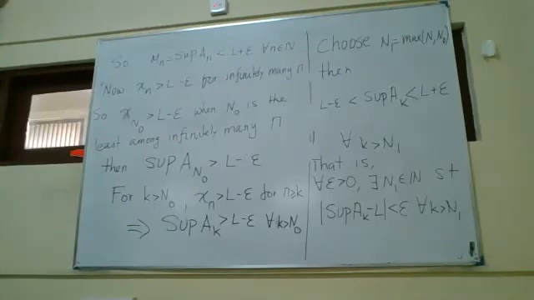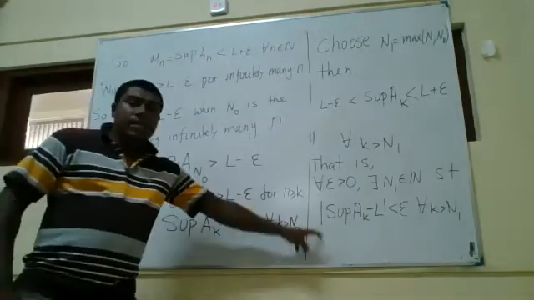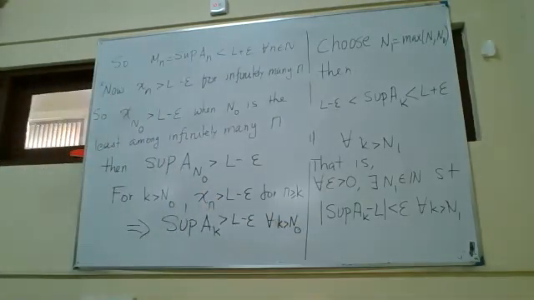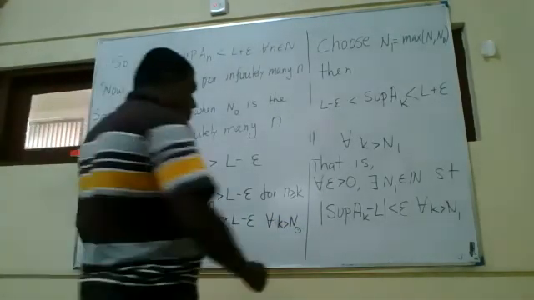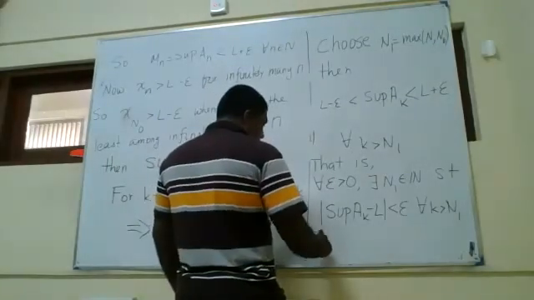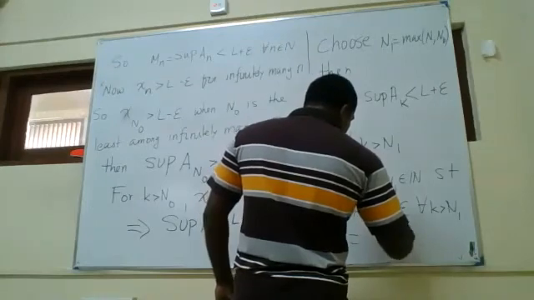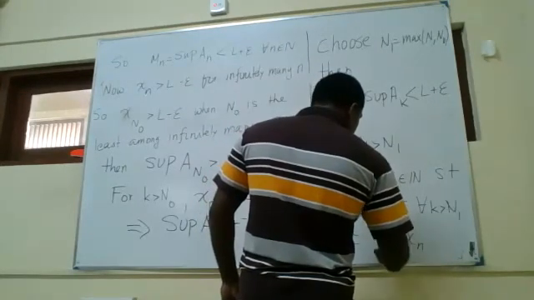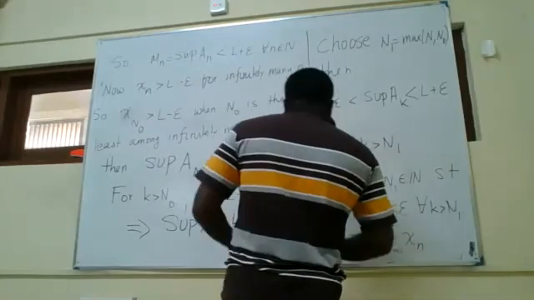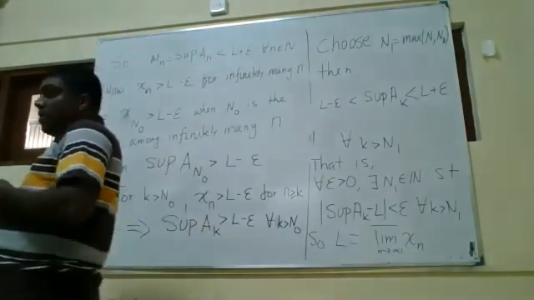We saw that definition in the last class also. So this says L is the upper limit of the sequence. Okay. So then L is the upper limit.